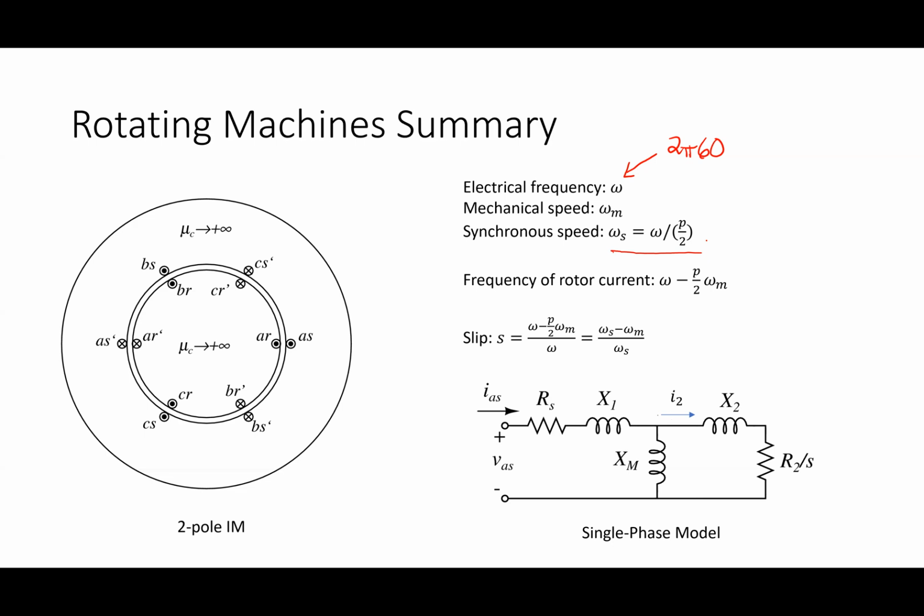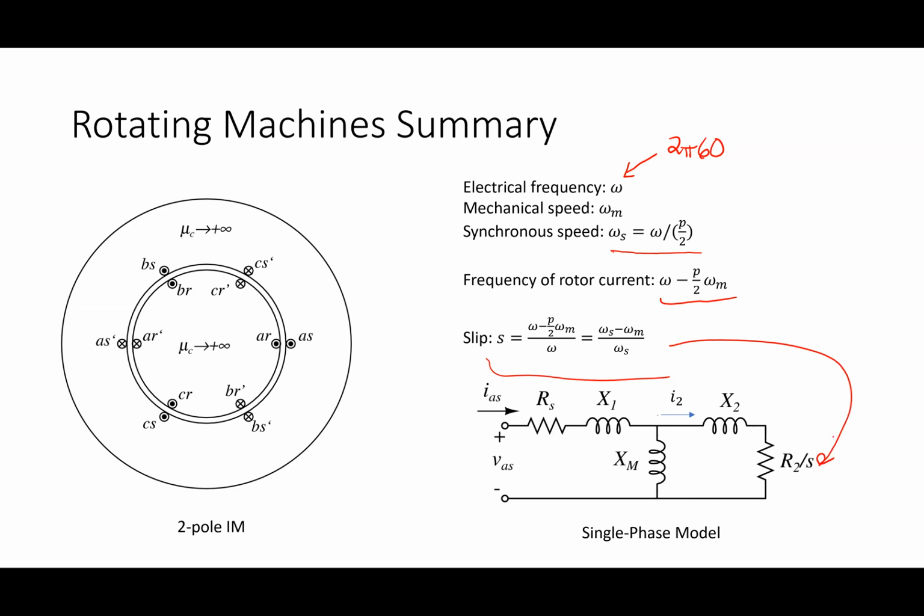The frequency of the current in the rotor, omega minus P over 2 times omega m, is not usually all that important to us. If I'm looking carefully at those numbers, that's going to be usually a really low frequency, right? We looked at an example of that last week. The key thing to us is the slip value. Slip is what I have in the circuit model, right?